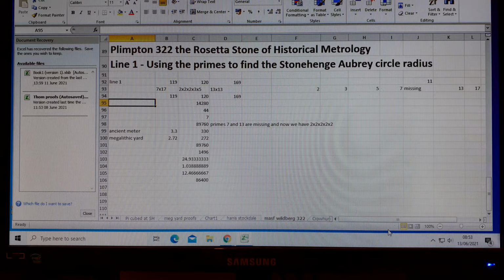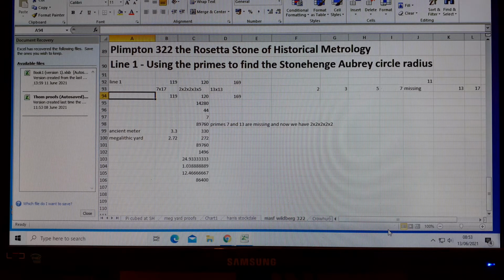So what we can do now is think about this missing prime 11. Because we know the Egyptians used pi at the Giza pyramid using the 5.5 second. Pi is 22/7, so 2 pi is 44/7, but the mechanics of the design of the Giza pyramid is that the ratio between the base and the height is 44:7.